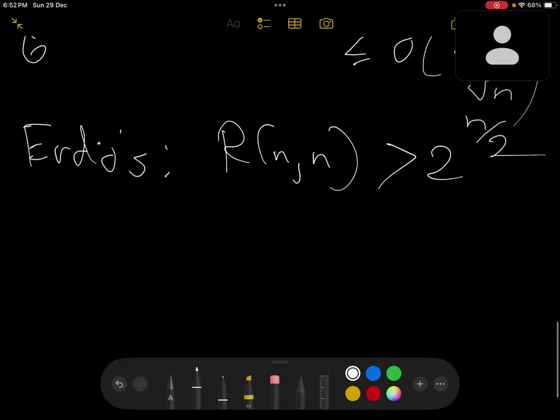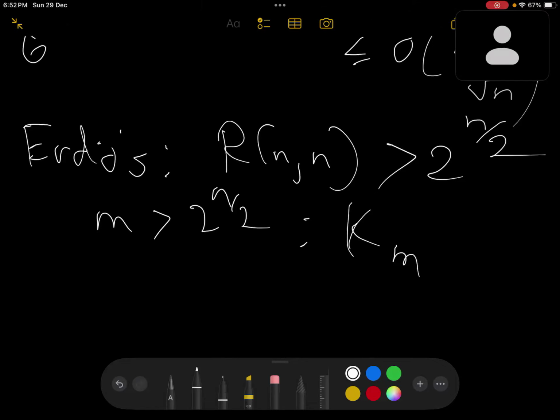So ideally, if we want to prove this strengthening, we'd have to consider a graph on 2 to the n by 2, ceiling or floor, vertices, and then show that there exists a coloring such that there's no monochromatic K_n. We'll choose an m greater than 2 raised to n by 2, consider K_m, and find a coloring of the edges of K_m in 2 colors so that there is no monochromatic K_n.